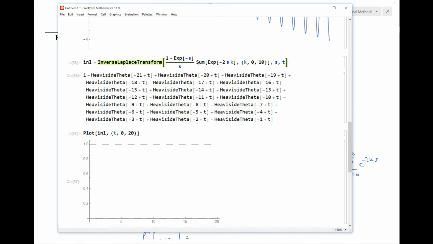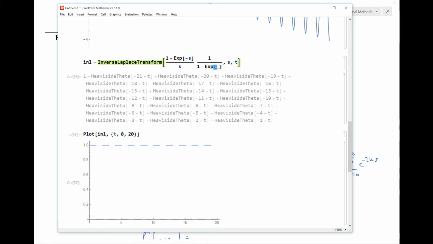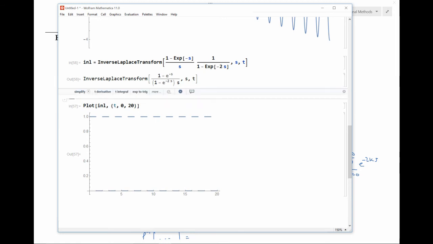Watch what happens if I change the summation into a fraction, that would be 1 minus exponential of minus 2s. Well, Mathematica doesn't know what to do with it, because this is going to involve an infinite computation. So Mathematica keeps it as it is. Even the all-powerful Mathematica does not know what to do with expressions that involve an infinite summation.